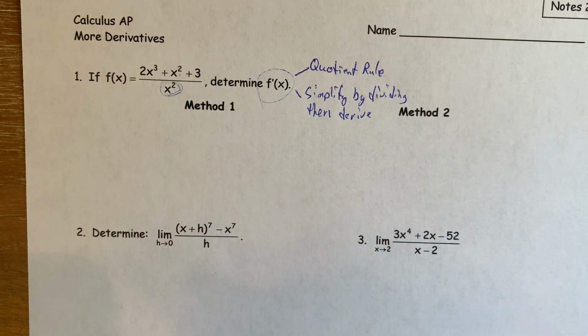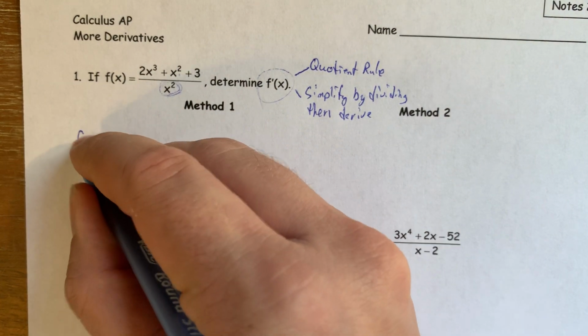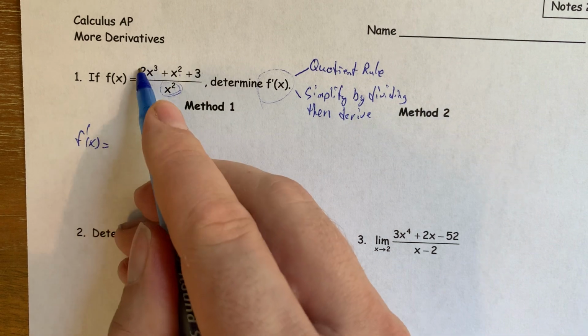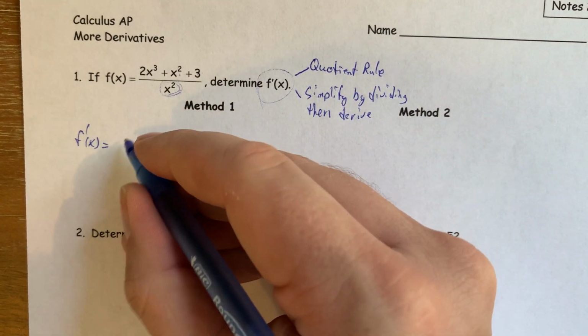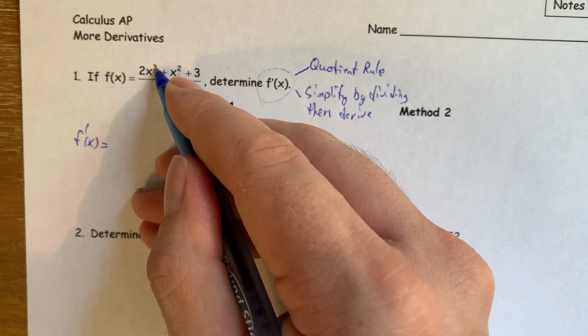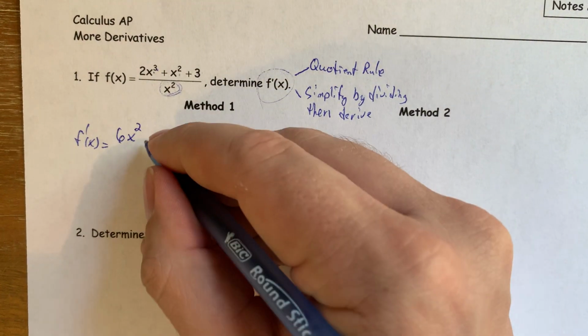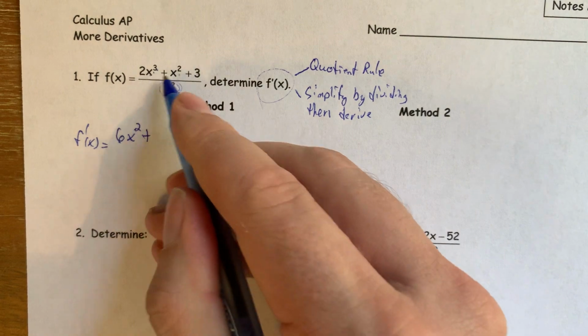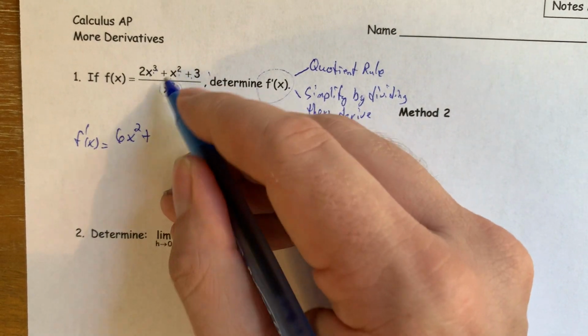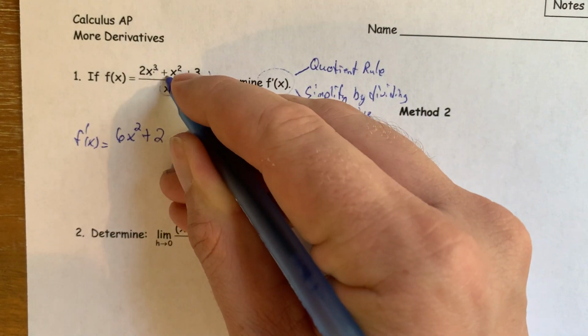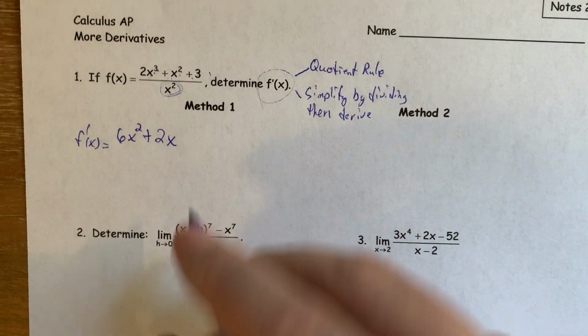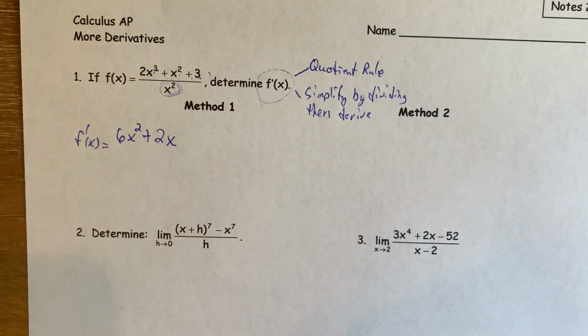So go ahead and do this using the quotient rule. So f prime of x is the derivative of the top, which is power rule, so multiply by the power, 6, and lower the power by 1. Plus, this is a sum and difference, so we can do each one of these separately. The derivative of x squared is we multiply by the power and lower the power by 1, which is just x. And the derivative of a constant is 0.